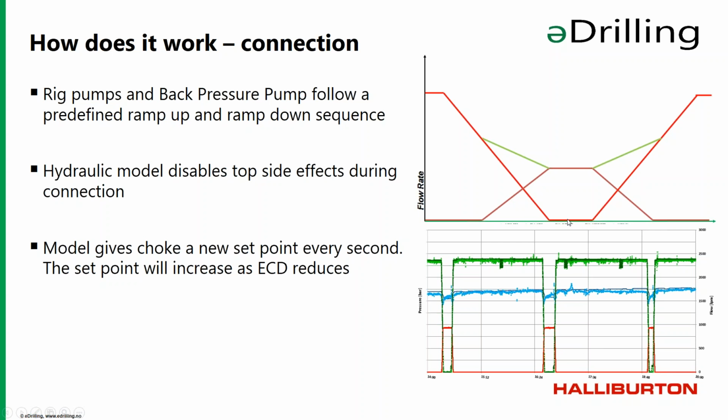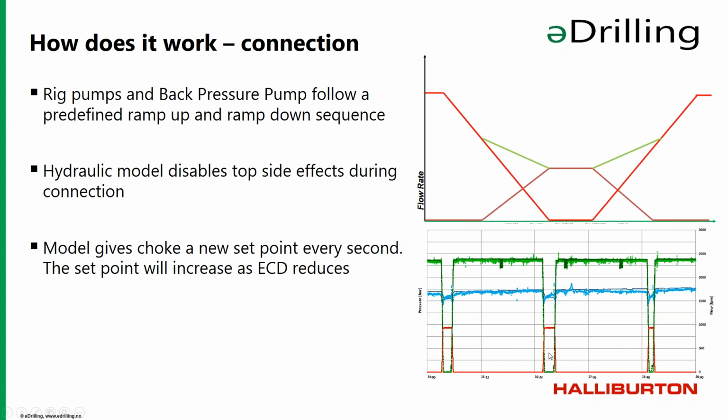When the rig pumps are off, the rig does what they do to set a new stand, and then the hydraulic model disables the topsides effect so that they aren't taken into account. The model gives the choke a new set point every second.